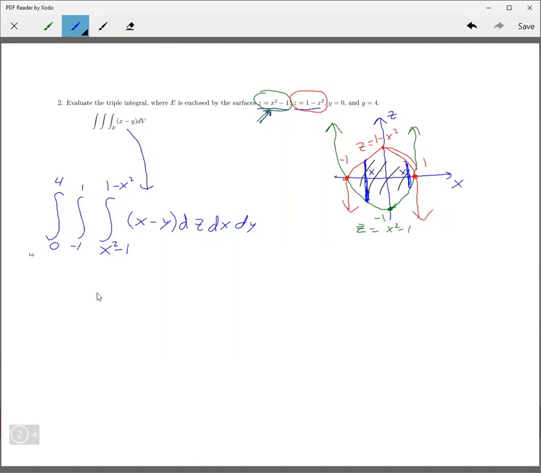Okay, so let's go ahead and calculate that integral. Okay, so the z first, there's no z's in here, so it's actually going to be this minus this, which is 2 minus 2x squared.